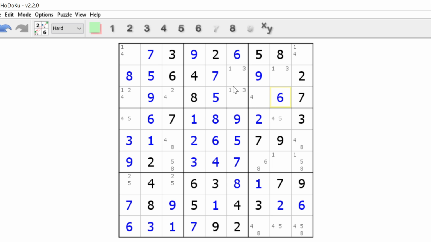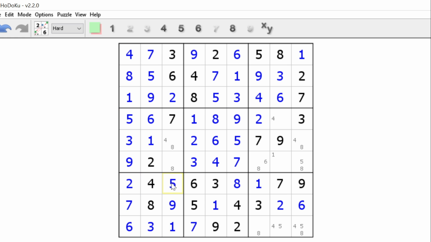Remember we eliminated the 1 earlier? Well, then it would have been a type 1. If we had the 1 back in there, it would have been a type 1 unique rectangle. 1, 3, 1, 3, 6. And to avoid uniqueness, this has to be a 6. That's 4, that's 1, that's 3. That's 1, that's 3. This puzzle is pretty much cracked.